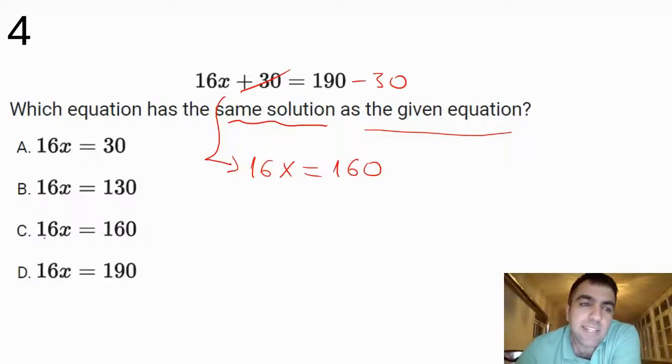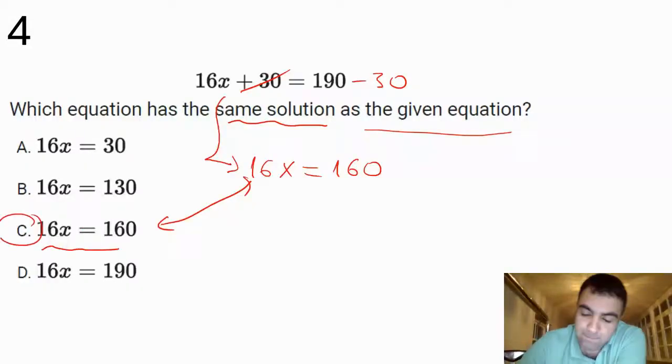And we see that these are the same, right, guys? These are the same. And the correct answer is C.